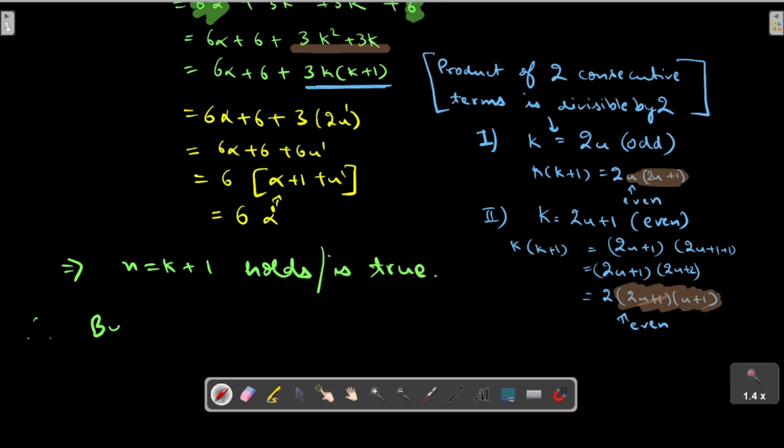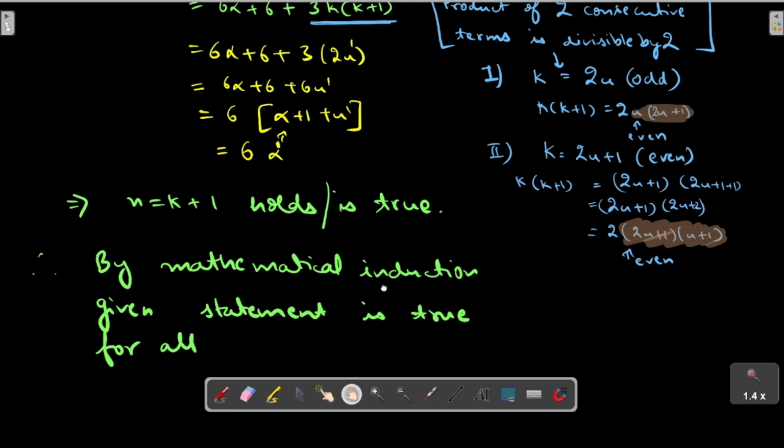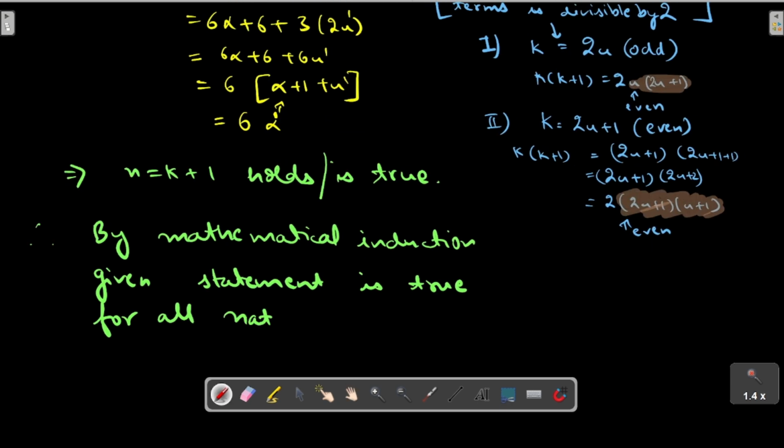So therefore, by mathematical induction, the given statement is true for all natural numbers n.